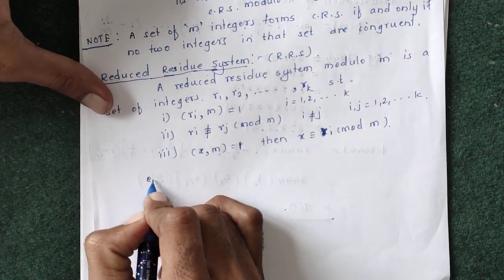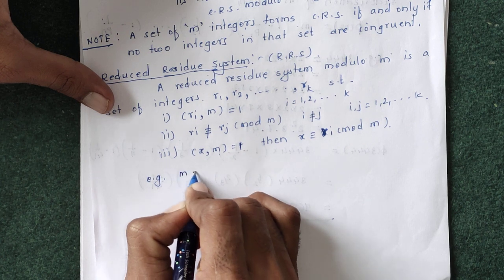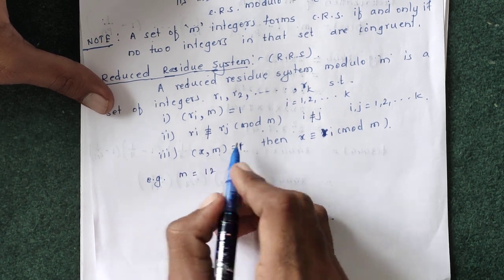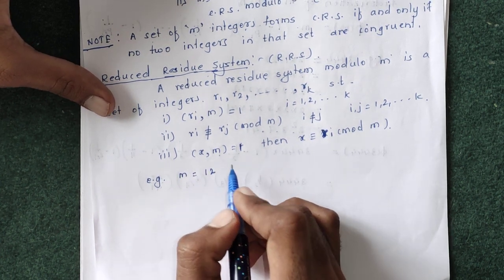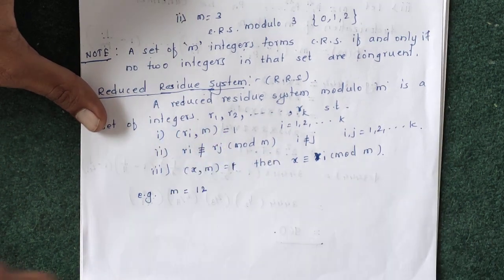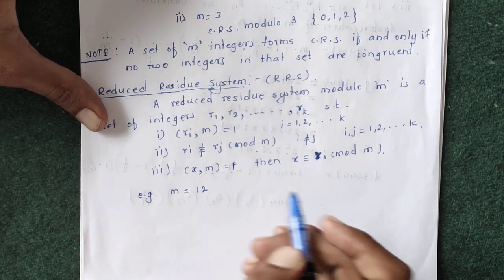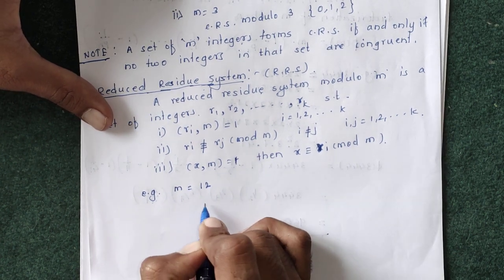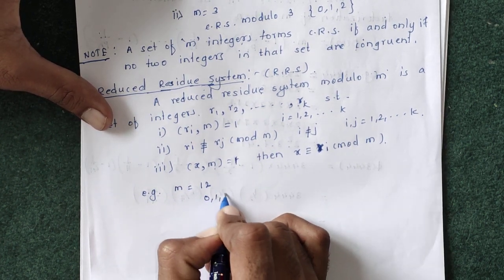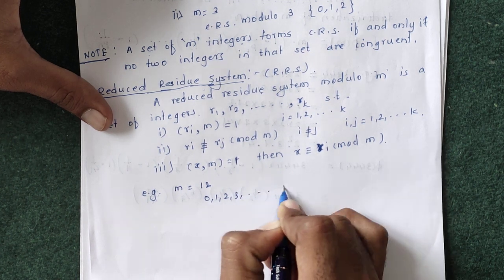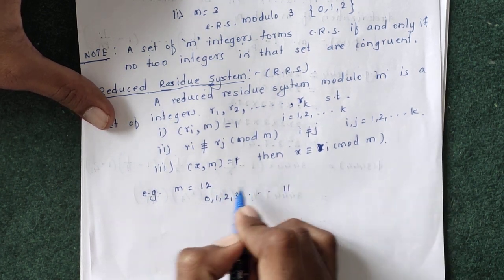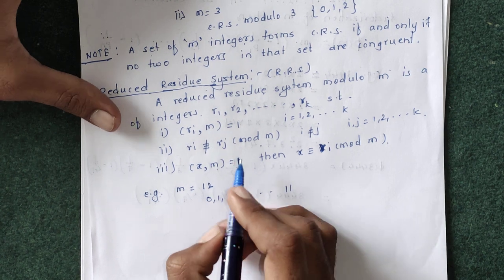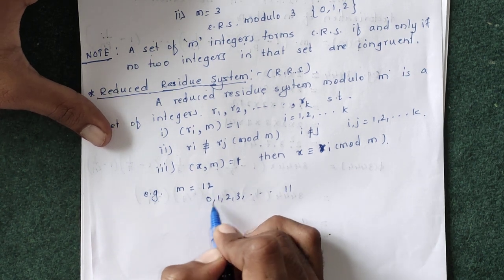For example, suppose we take m equal to 12. If we divide any number by 12, the remainders must be 0 to 11, that is 0, 1, 2, 3 up to 11, since these are all the integers less than 12. If we divide 12 by 12, we get remainder 0.